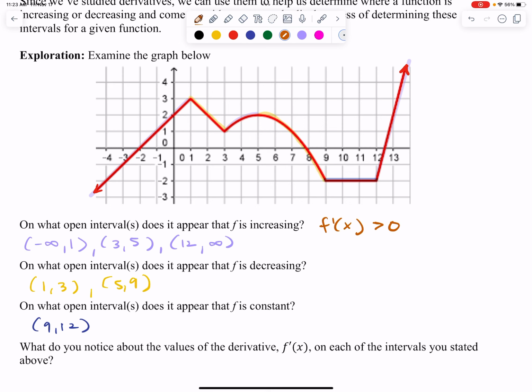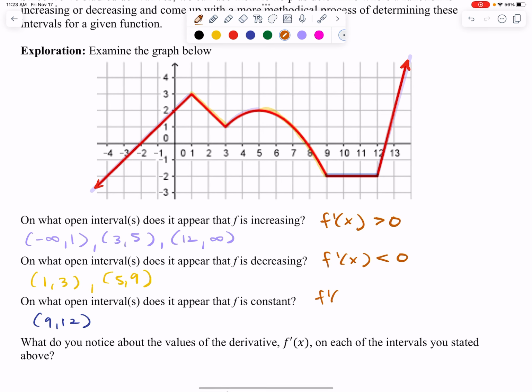And then for where f is decreasing, if you were to draw a tangent line at any point on any of those intervals, the slope of the tangent line would be negative, right? So we could say that f prime would be less than 0 on those intervals. And for where f is constant, those would be horizontal tangent lines, so f prime would be equal to 0.